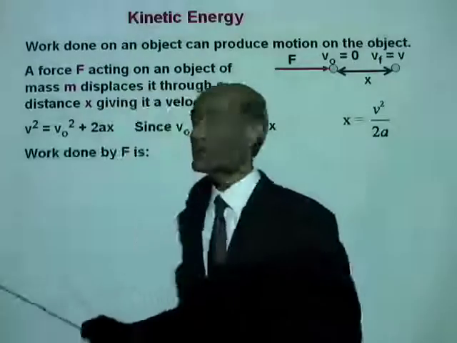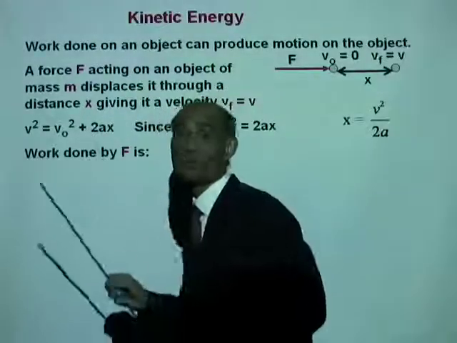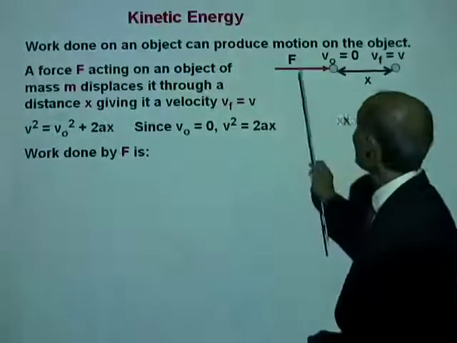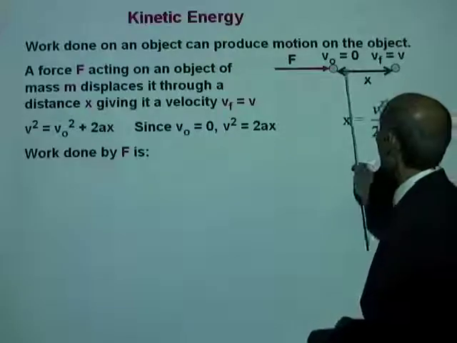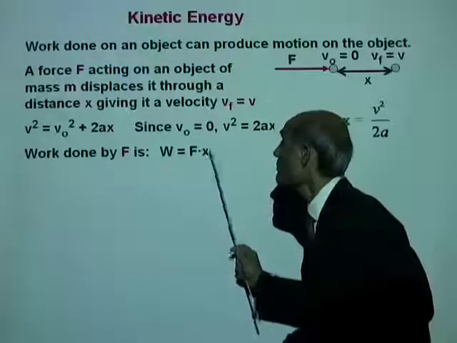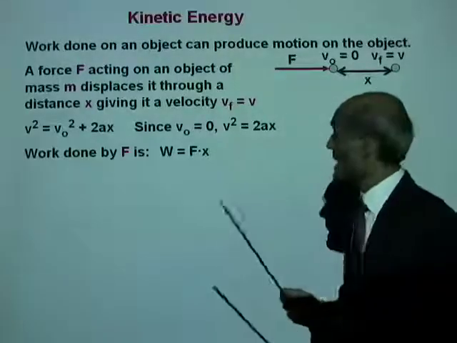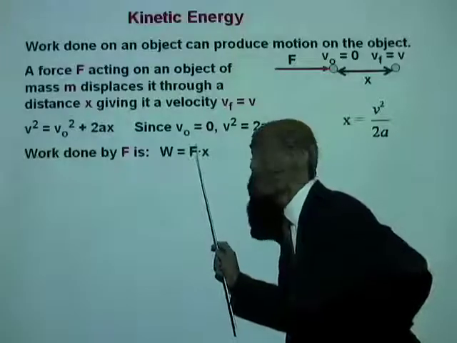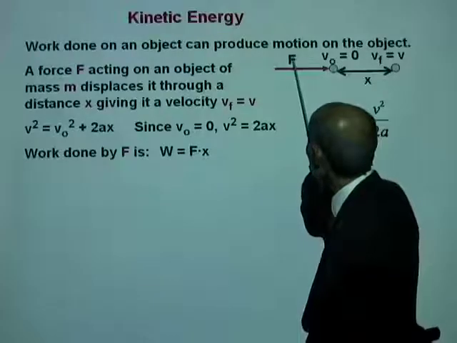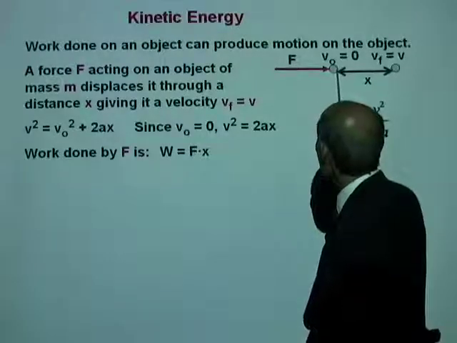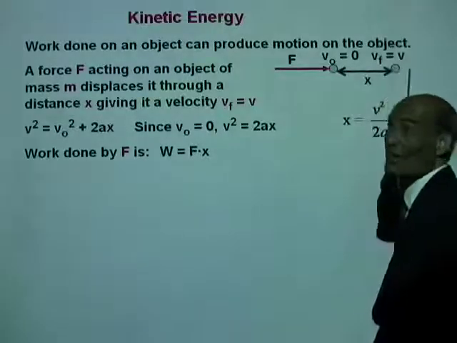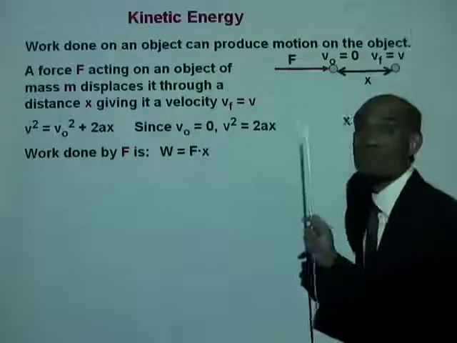What is the work done by this force? The work done by this force on this particle is the force multiplied by the displacement. So we can say W equal to F multiplied by x. And now we can replace this F by ma. It is the acceleration produced by this force that is responsible for displacing the object through a distance x and giving it a final velocity v.